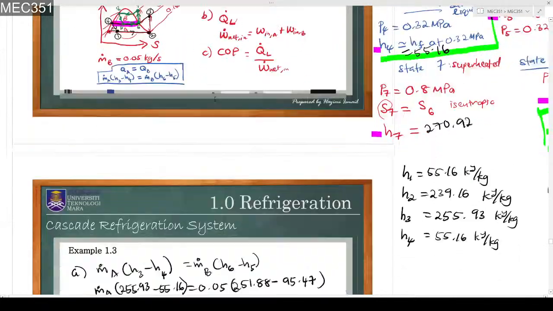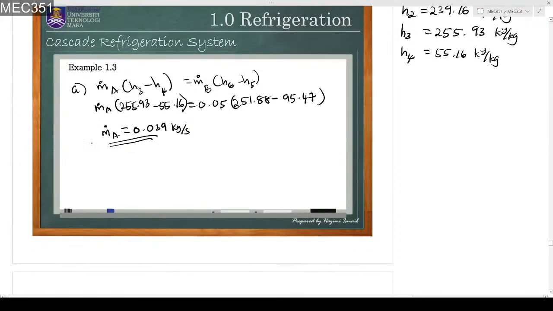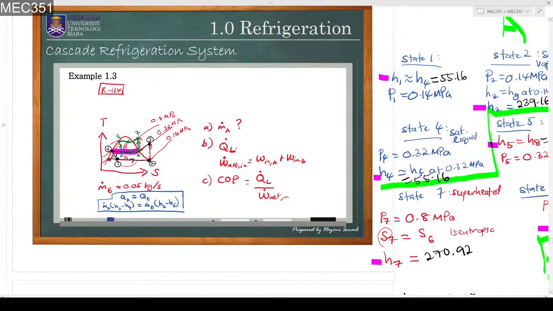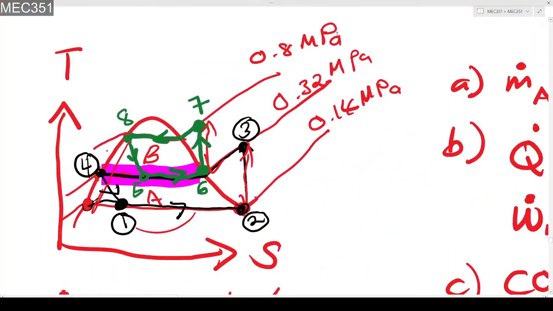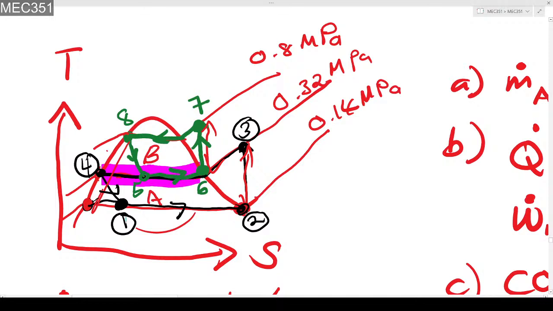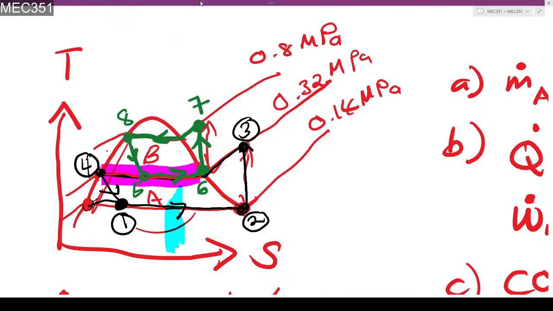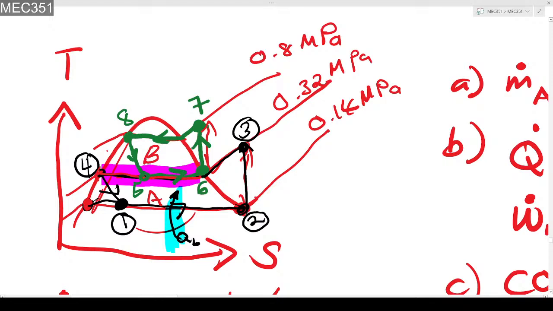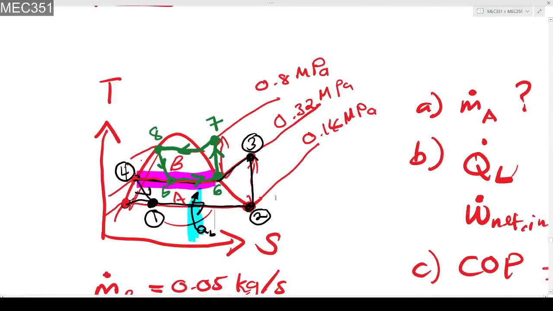Okay, and then for B, Q dot L. Q dot L happens between state 1 and 2, so it happens here.